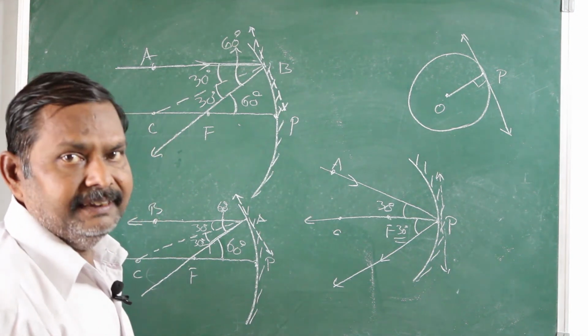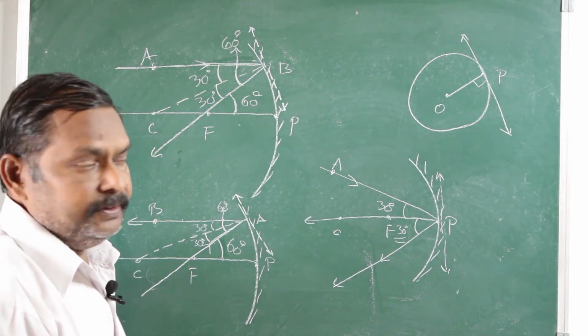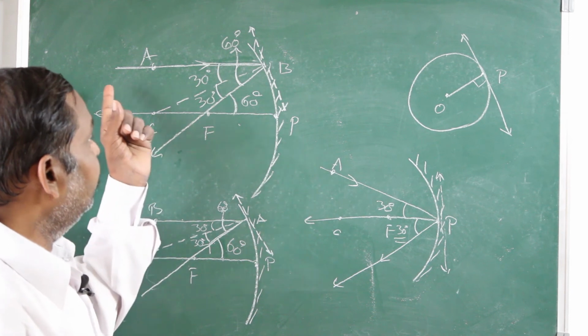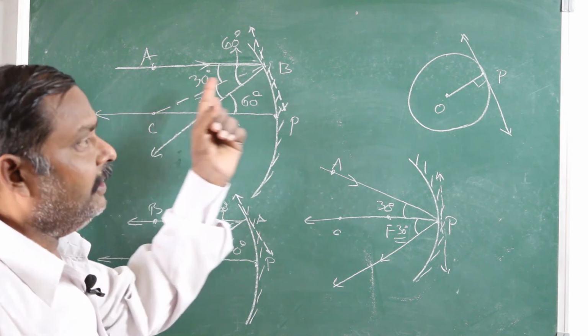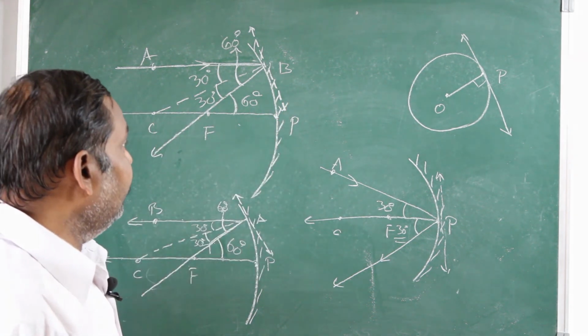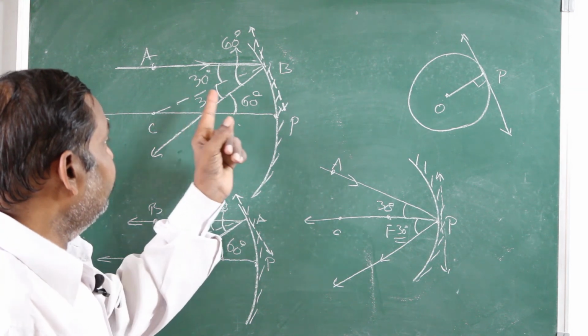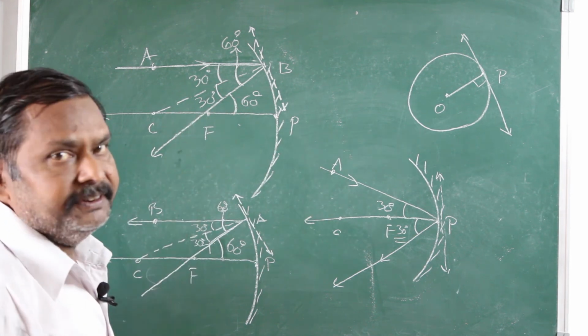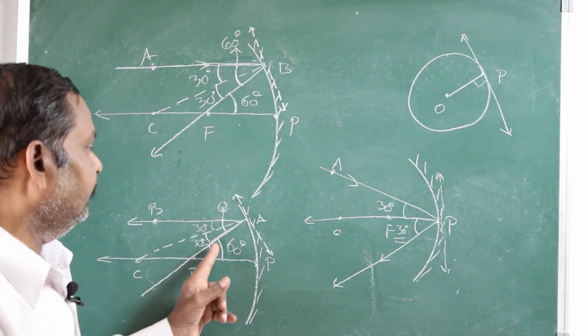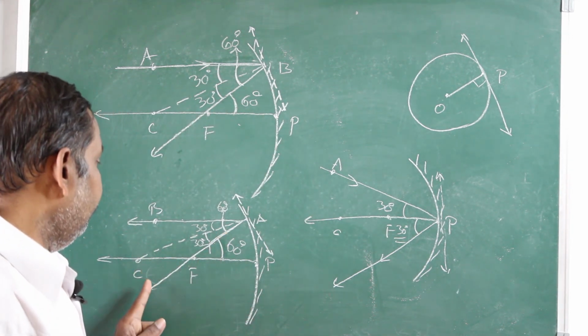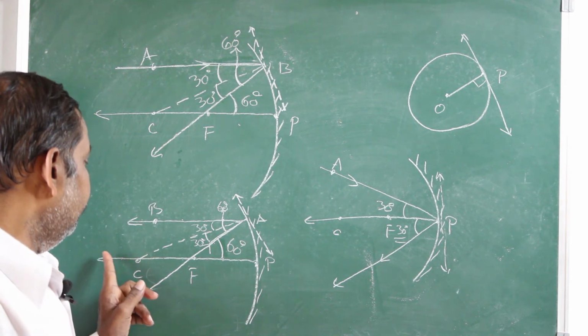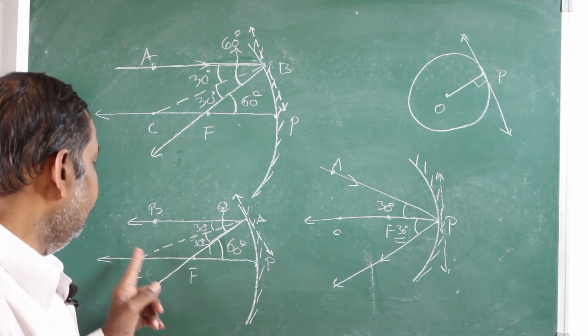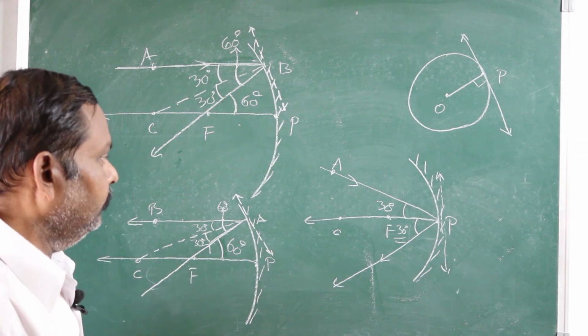So in different cases the answer is different. In the first case, in the case of a ray of light passing parallel to the principal axis, the angle between the reflected ray and principal axis is double the angle of incidence. In the second case, the angle between the reflected ray and principal axis is 0.